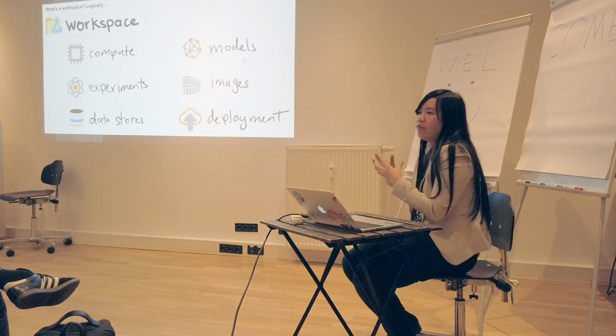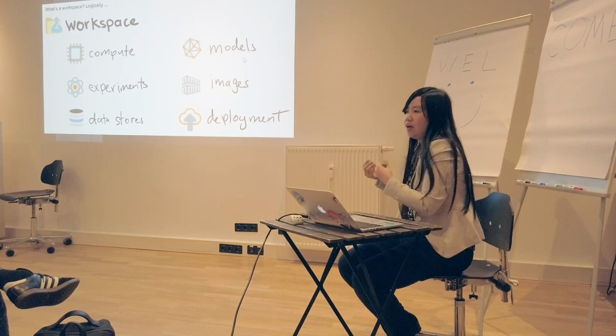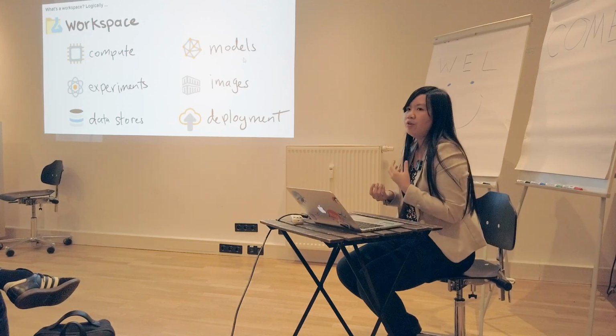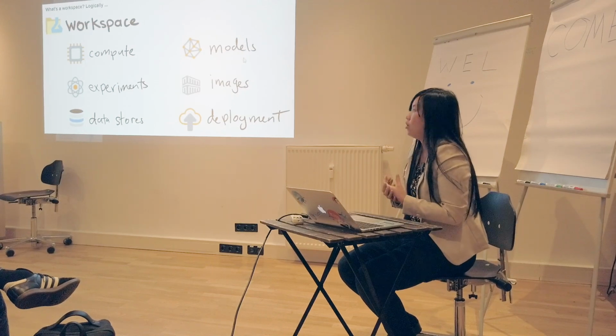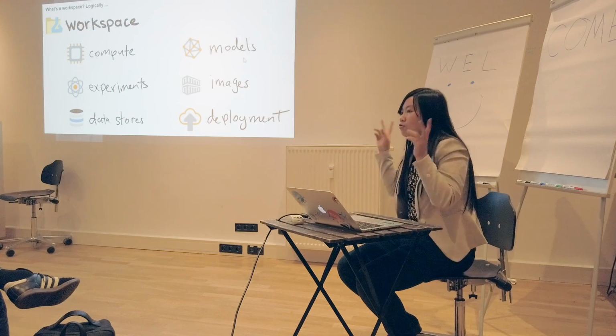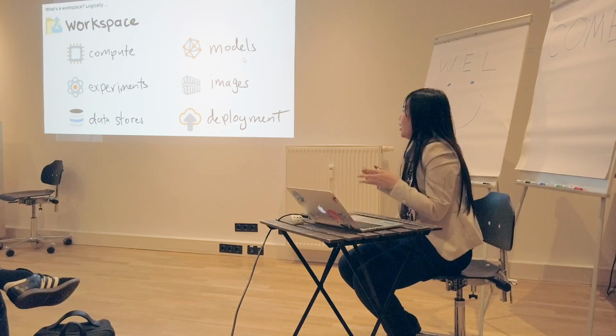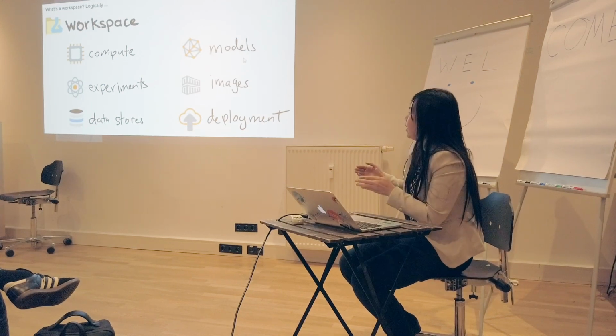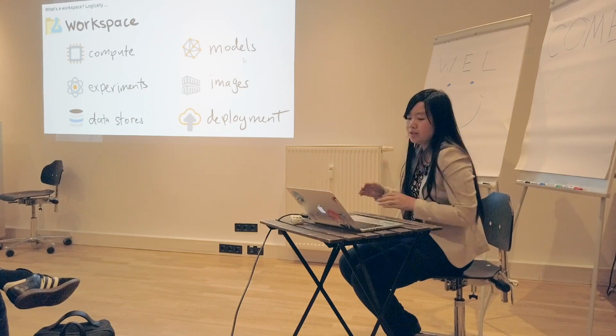It's really cool that everything is there, but it's also overwhelming, right? So we could also start from something that we are already familiar with, like how to train a model. And later on, we take one more step, like how to build an image, how to deploy as a web service.